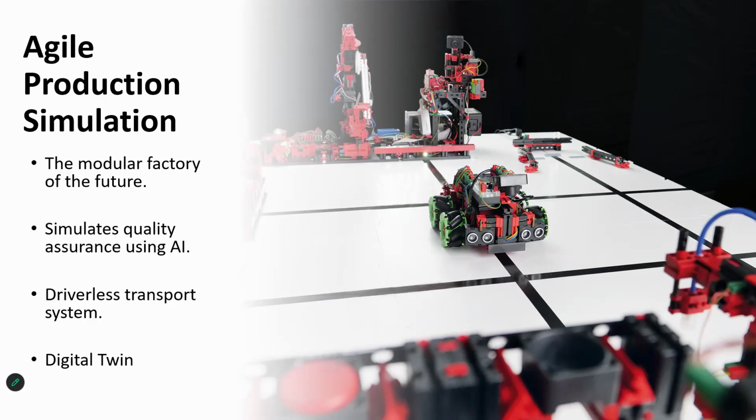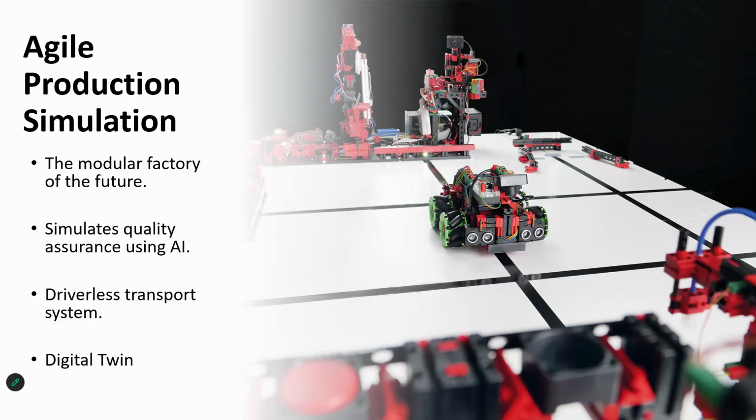It's designed to simulate processes such as quality assurance using artificial intelligence, the functioning of driverless transport systems, and to replicate automated processes on a small scale, from the receipt of goods into the system to modular production to quality assurance.